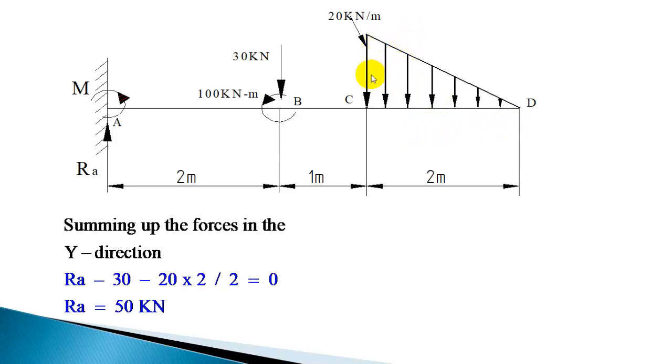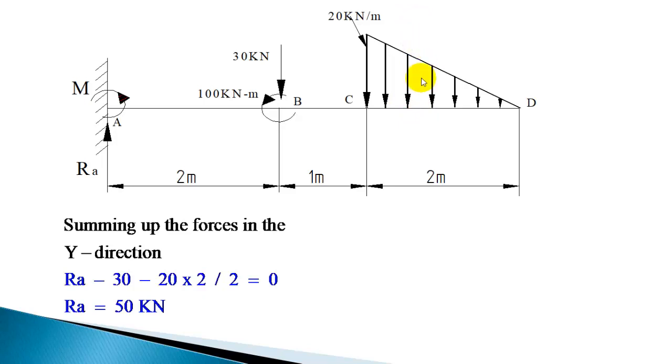and the resultant of this load is half of 2 into 20, which is 20, which will act at a distance of 1/3 of span from C, from major intensity side. So 1/3 of 2, that is 0.667 meter, or from 0 intensity side it is 2/3 of span, 2/3 of 2, or 1.333 from D. So from C it is 0.667 and the resultant load is 20 kN.